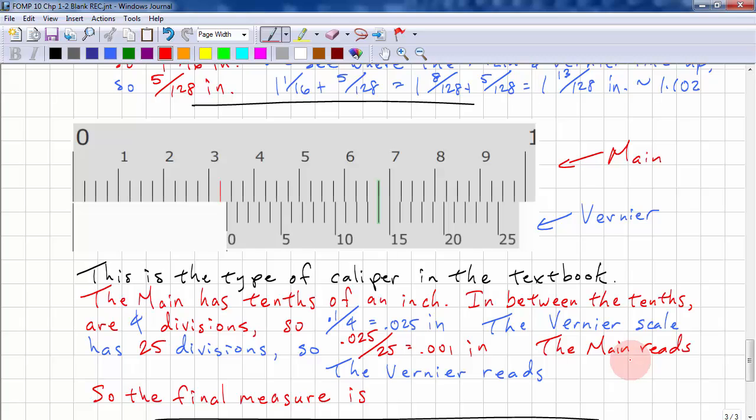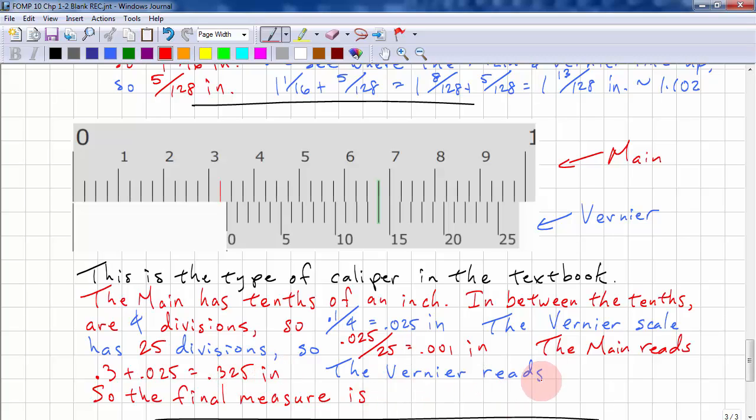Okay, let's read the main scale. It reads up to 0.3 and 1 division. So we have 0.3 plus 1 extra division, which is 0.025, and this adds up to 0.325 of an inch.